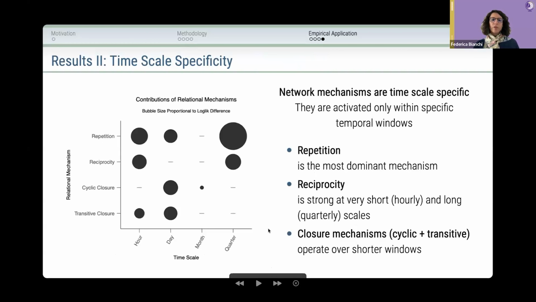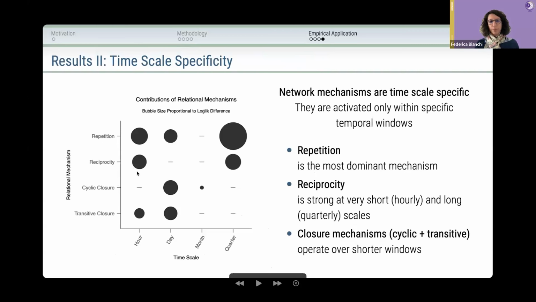Here, briefly, we can also measure the contribution of these mechanisms and their time scale to the log likelihood, saying how important each mechanism is in the evolution of the system.